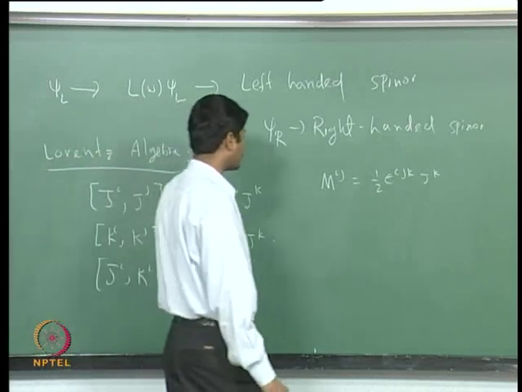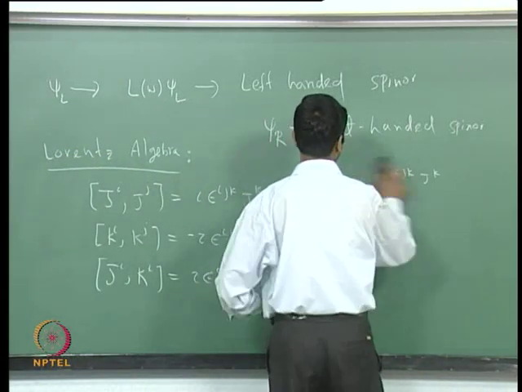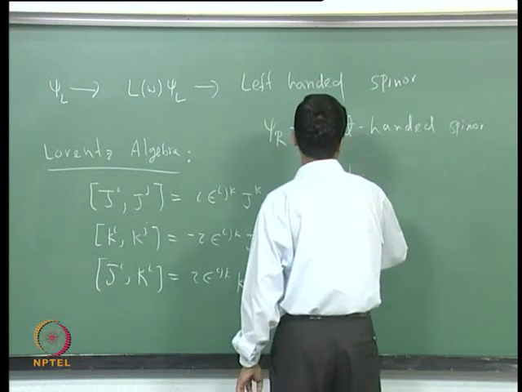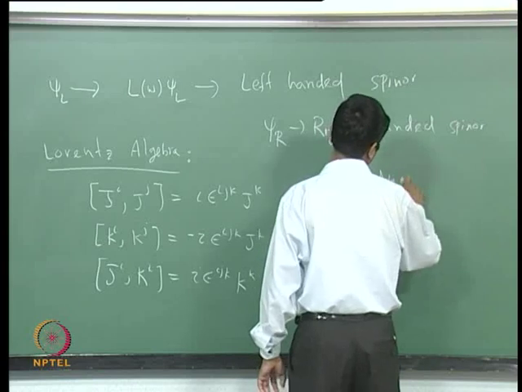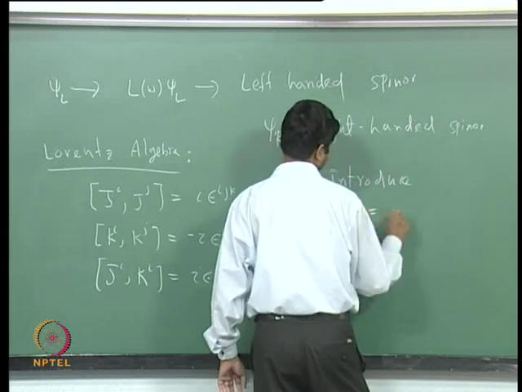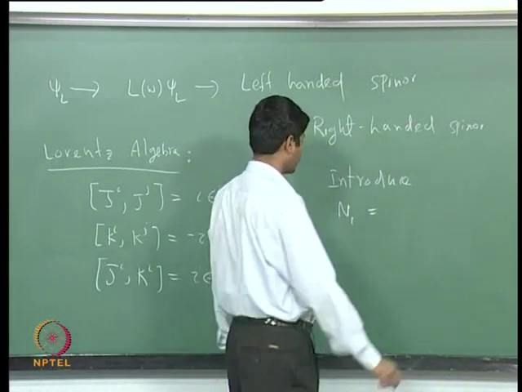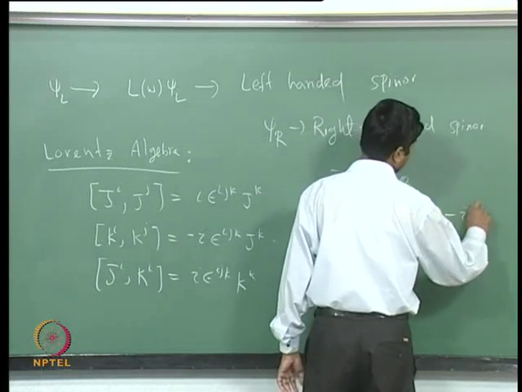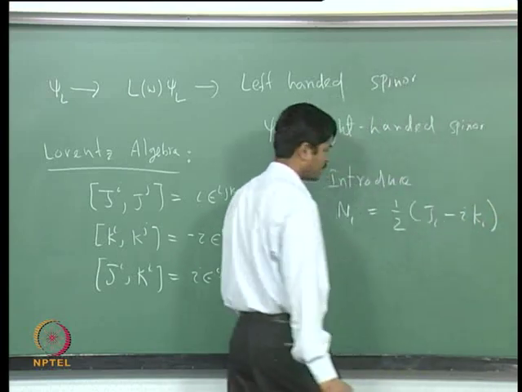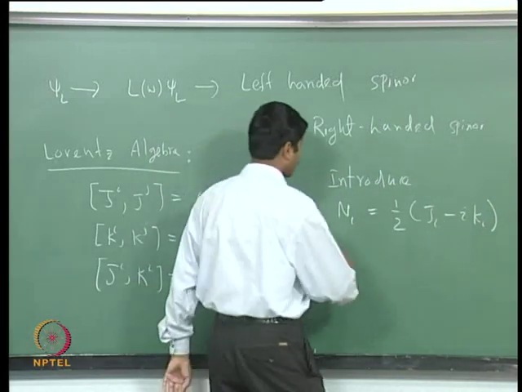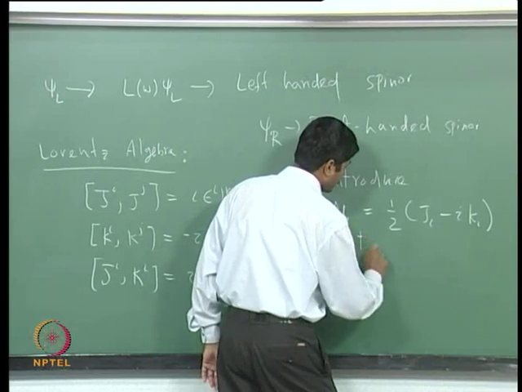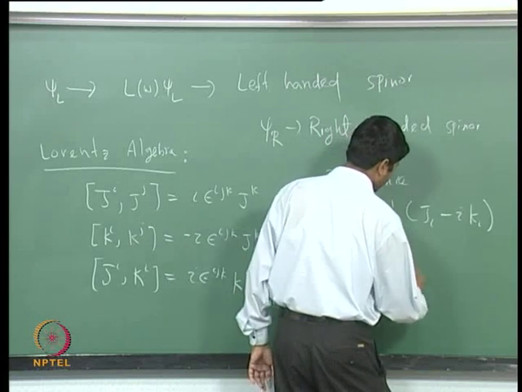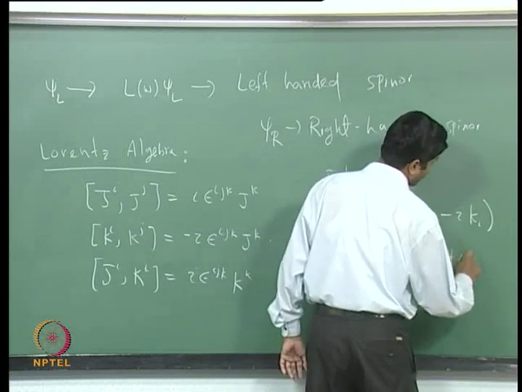Now what I will do is that I will introduce Ni, which is half of Ji minus i Ki, and its Hermitian conjugate Ni dagger, which is given by half of Ji plus i Ki.